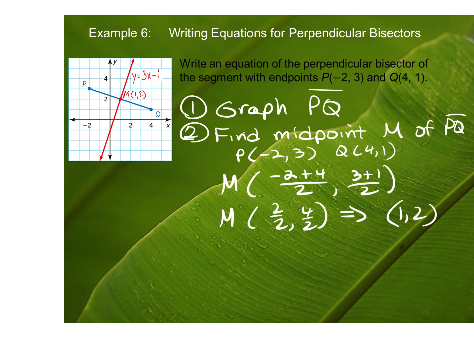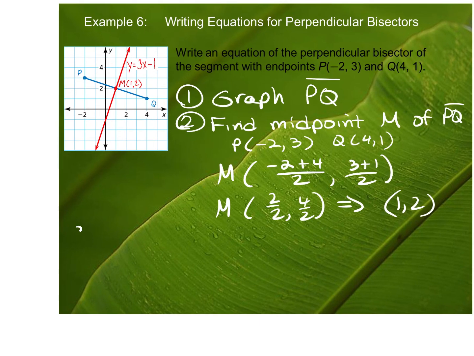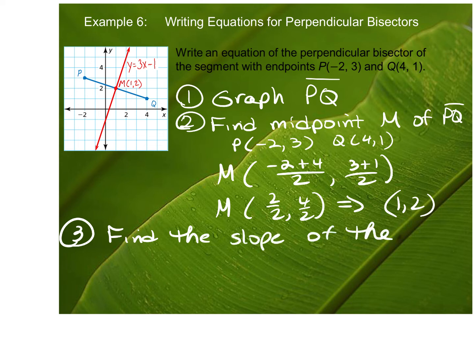Next, I need to find the slope of the perpendicular bisector. So step number 3 will be to find the slope of the perpendicular bisector. So we're finding the slope of PQ.